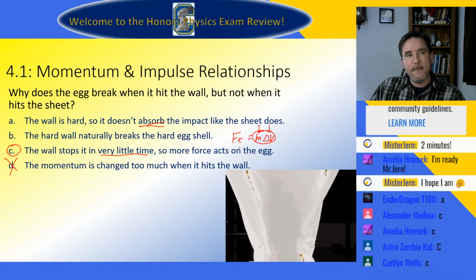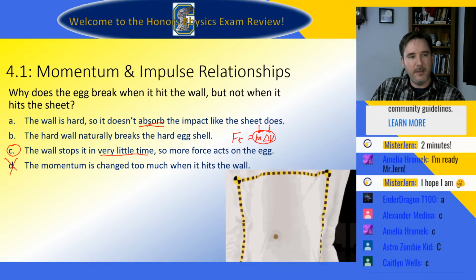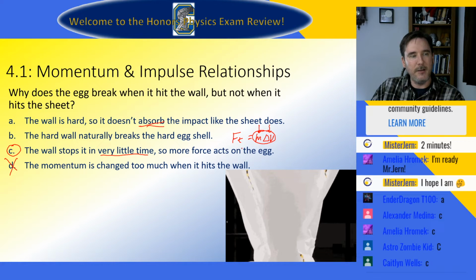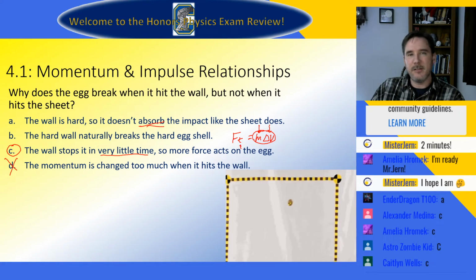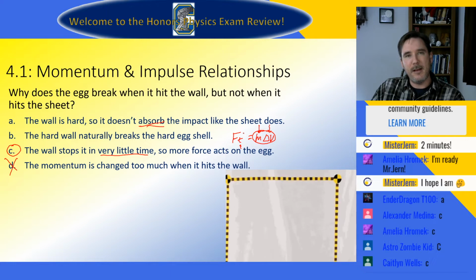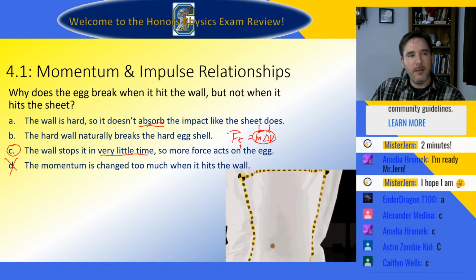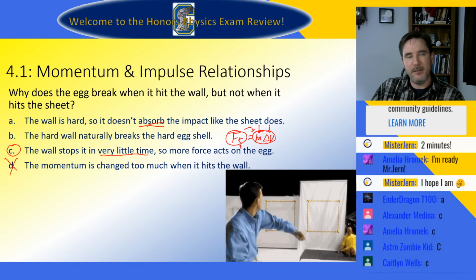And so when it hits the sheet, like in this video down here, this GIF, what it does is it increases the time to slow it down. It increases the time for it to stop. And when it hits the wall, basically it's a very short amount of time. And so these two numbers here have to multiply together to equal the numbers over here.